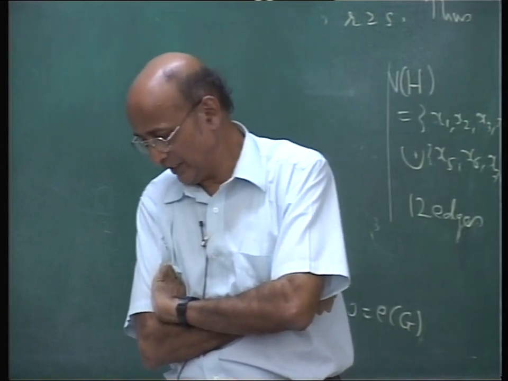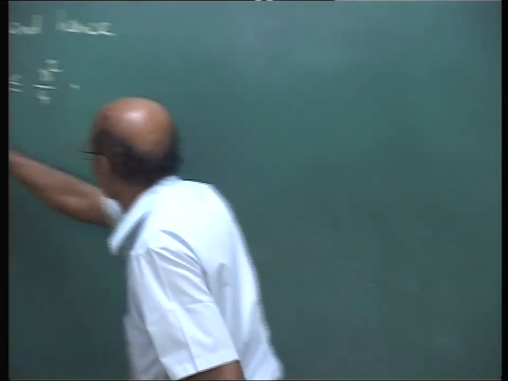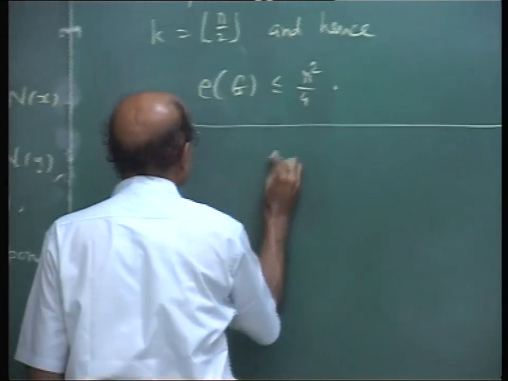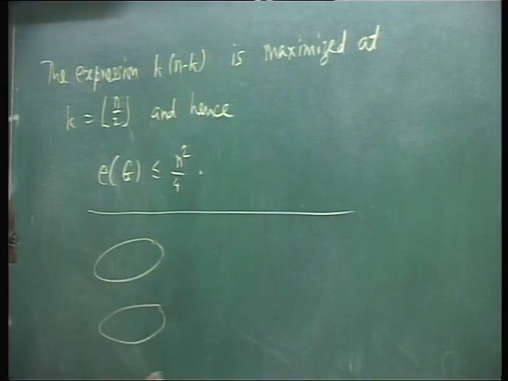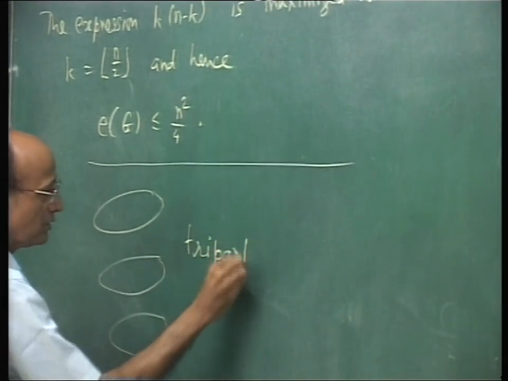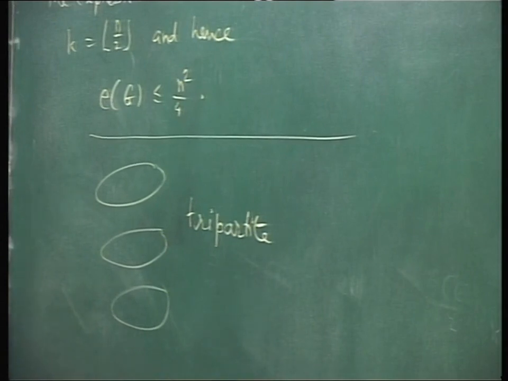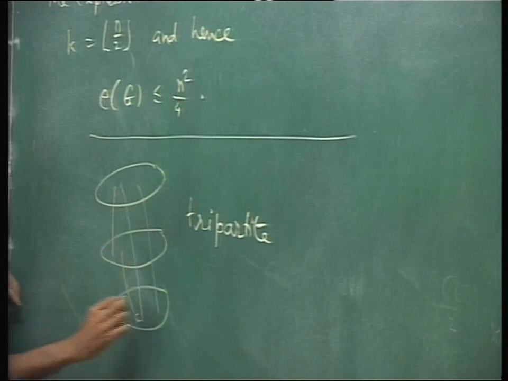And the right model for this, if you want K4 free, is, instead of a bipartite graph, what is called a tripartite graph. Okay, so the edges are allowed only between distinct parts.